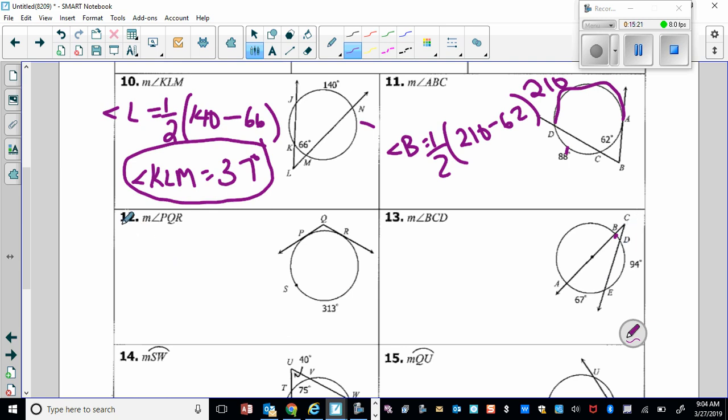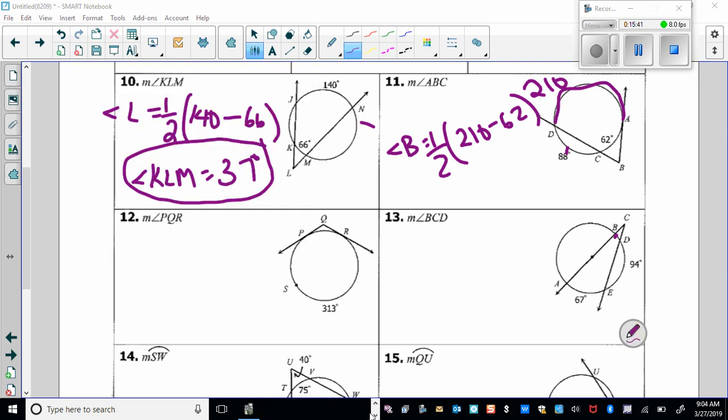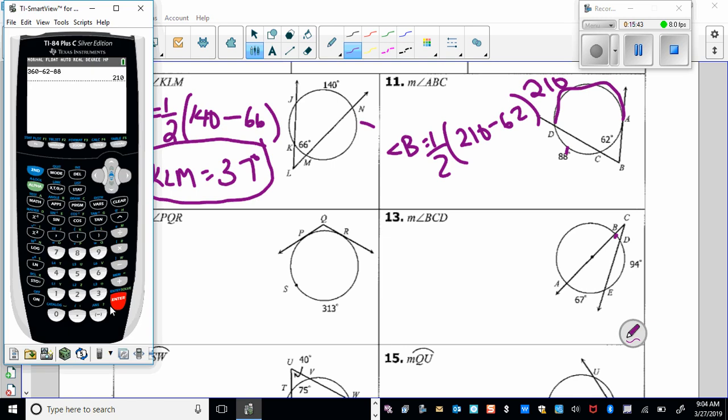This would be the last one I will do for this problem, because this also is another challenging question. A circle is 360. I know the big arc PSR is 313, but I don't know what the other one is, right? So what I can do is 360 minus 313, which gives you 47.